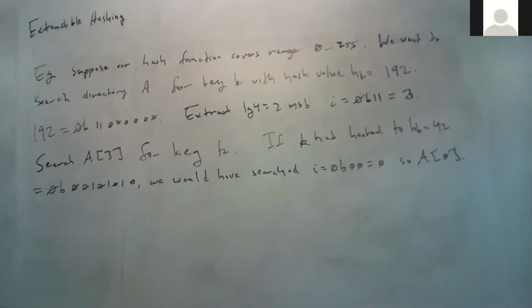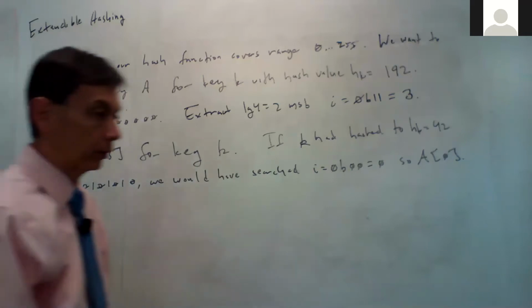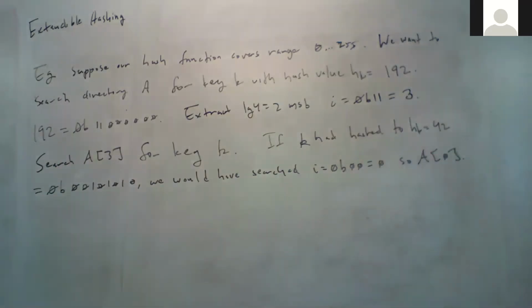Because our bucket directory is size 4, this is almost like we're simulating a hash table of size 4 times the bucket size, which might be 1 in this case. So our hash table is just like 4. Yep, if you had a bucket size of 1, at this current state of the extendable hashing table, you could store no more than 4 keys. You're correct.